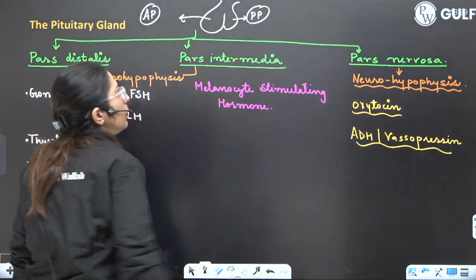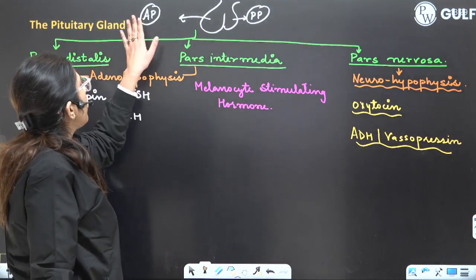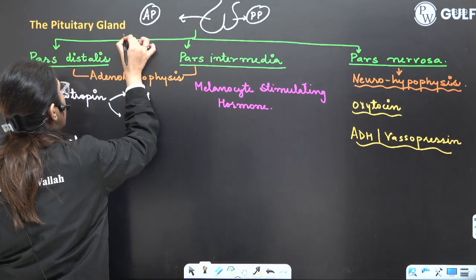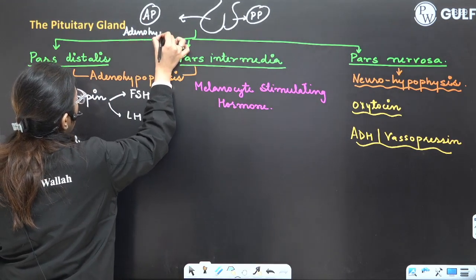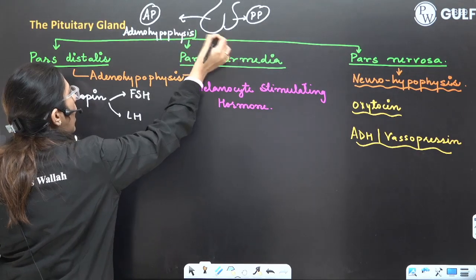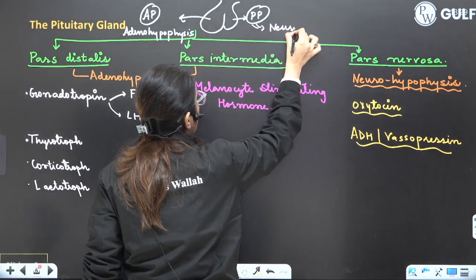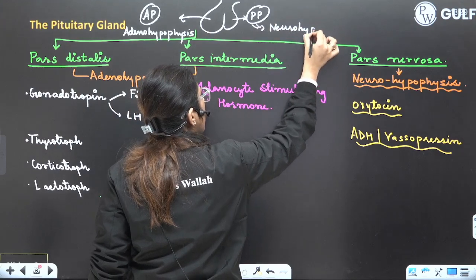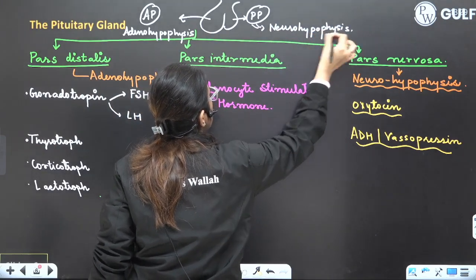Two lobes are there, anterior pituitary and posterior pituitary. The anterior pituitary has another name, adenohypophysis. The posterior pituitary is called neurohypophysis.